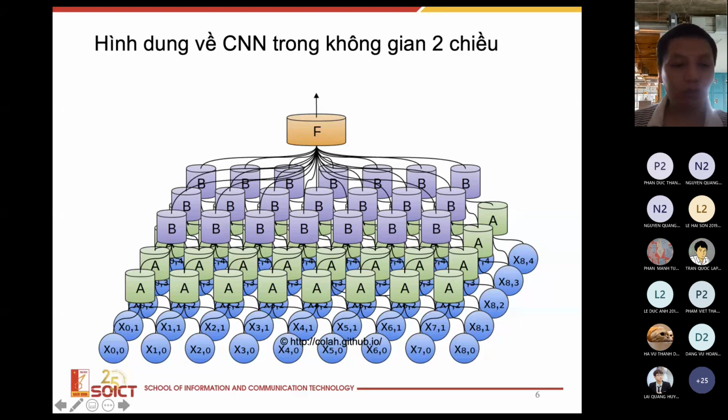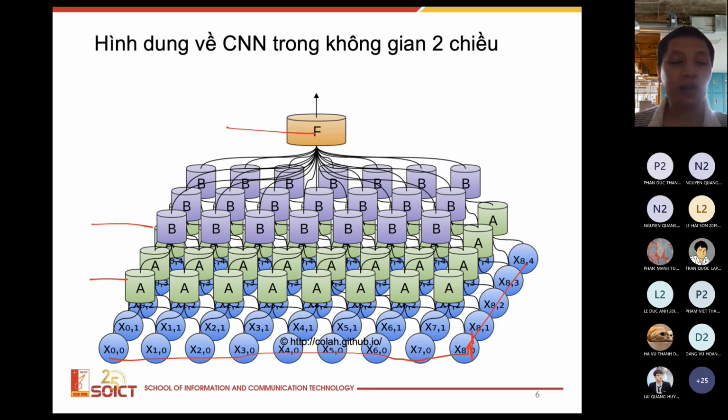Then we have an intermediate hidden layer, and a fully connected layer as the output layer.